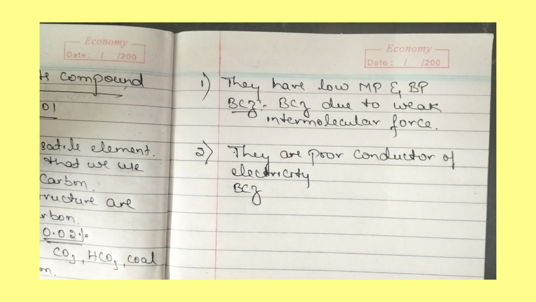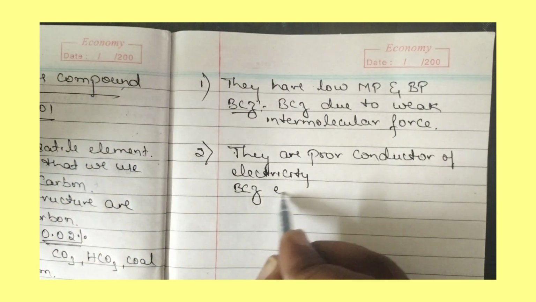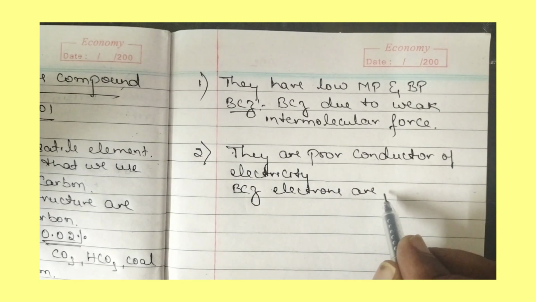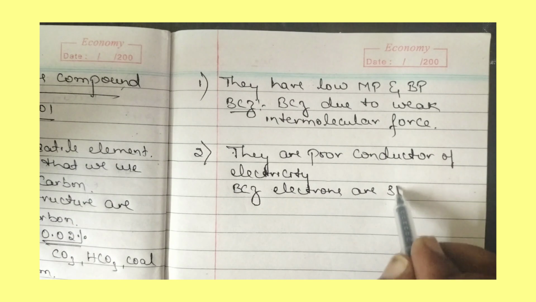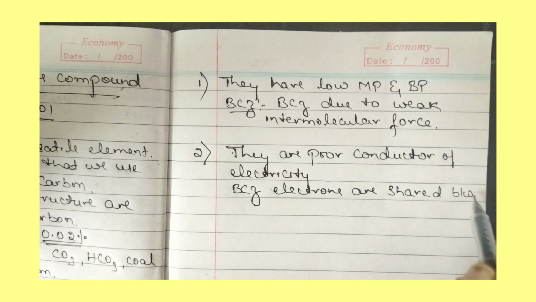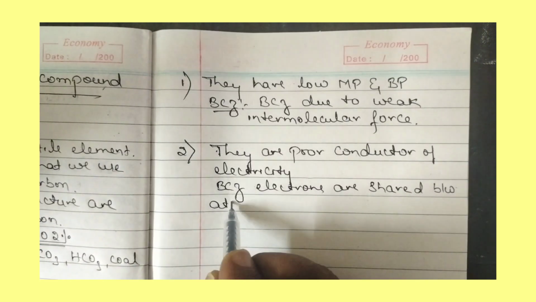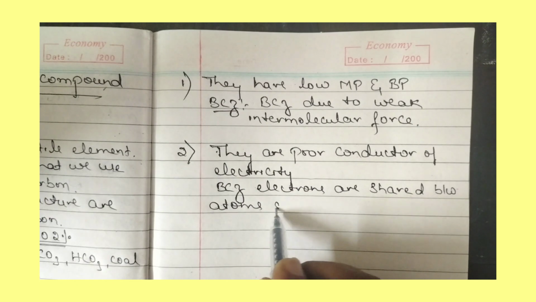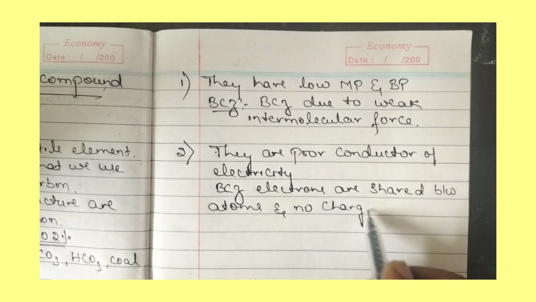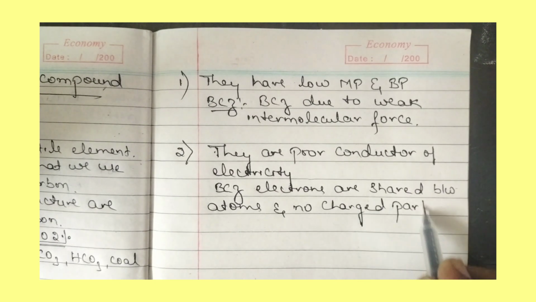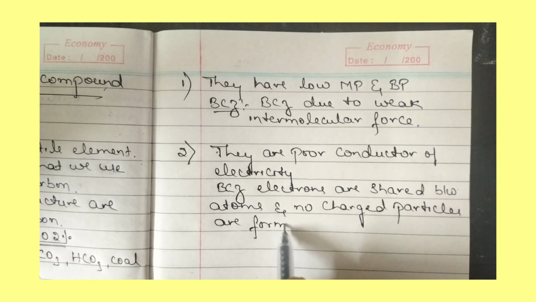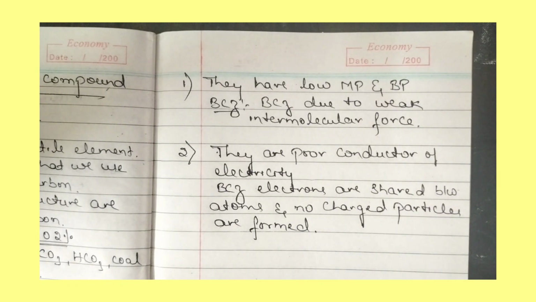For that also we have to write the reason: covalent compounds are formed due to electron sharing, because electrons are shared between atoms, and since electrons are shared, no charged particles are formed. This is the reason why they are poor conductors of electricity.